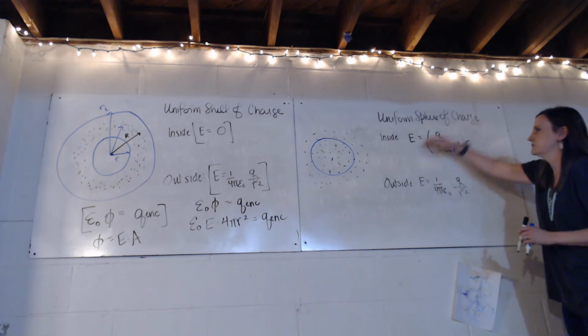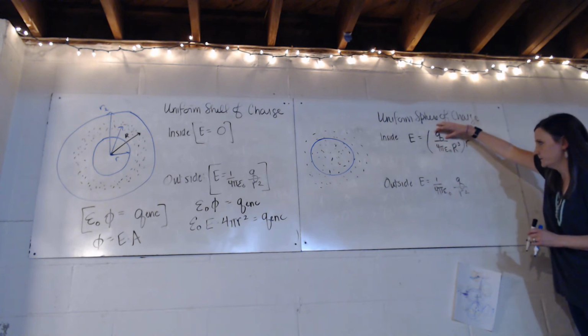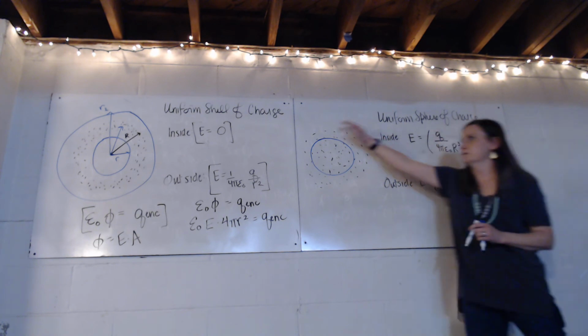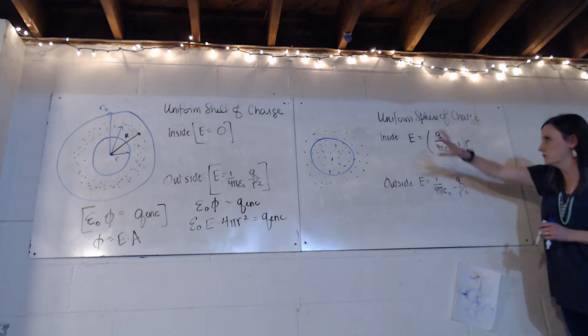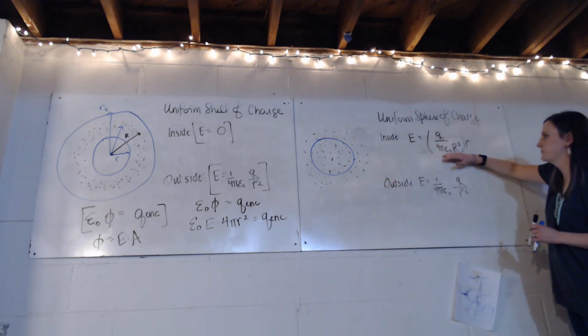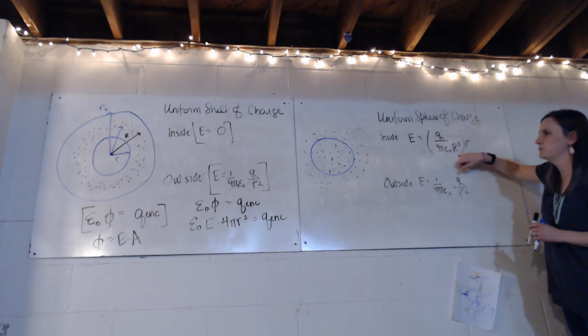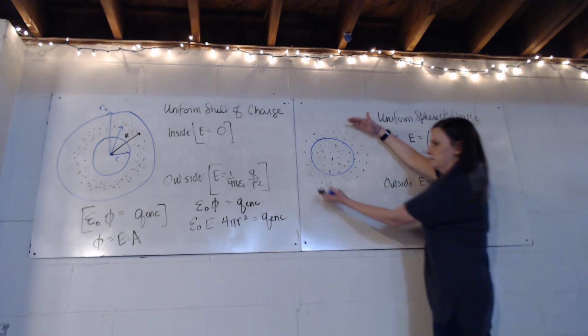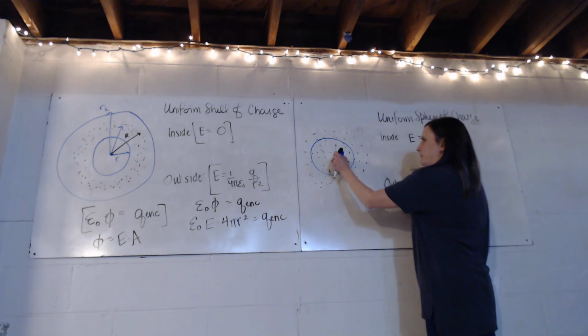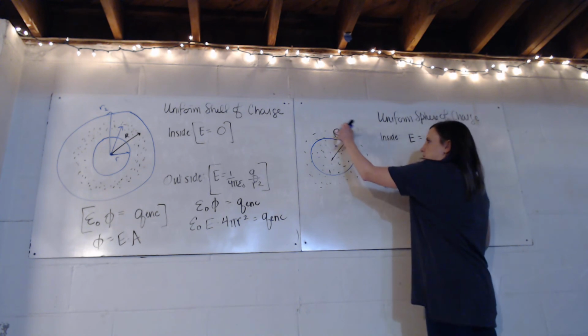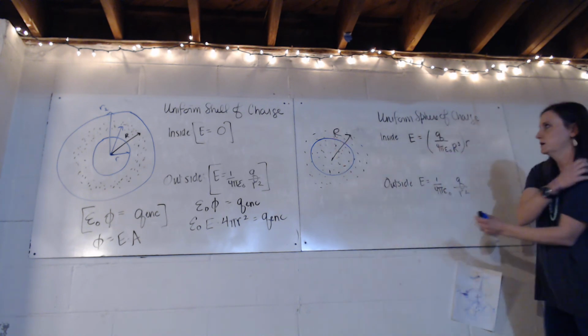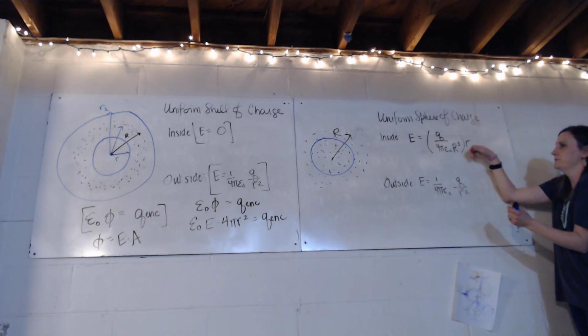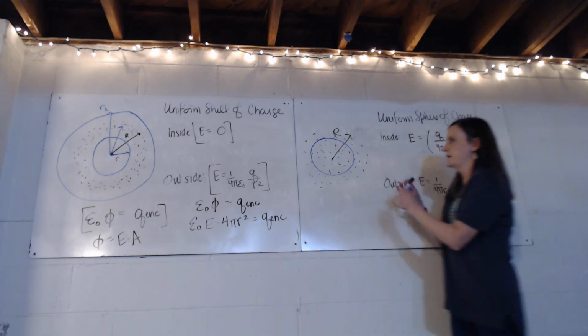The electric field is equal to Q, the charge of the whole sphere of charge, divided by 4 pi epsilon naught R cubed, where capital R is the radius of the entire sphere, times little r, which is your actual location.